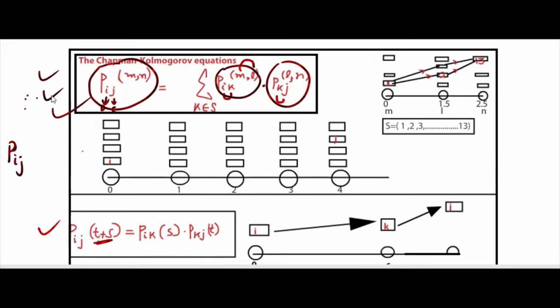If m is 0, then this will be n, that way. So the total time is given by n minus m here. Suppose you start from 0 instead. m is 0 here, 0 to n, 0 to l, l to n. So for 0 to n, the time gap is n here, the time gap is t plus s here. Okay, so let me write n here.